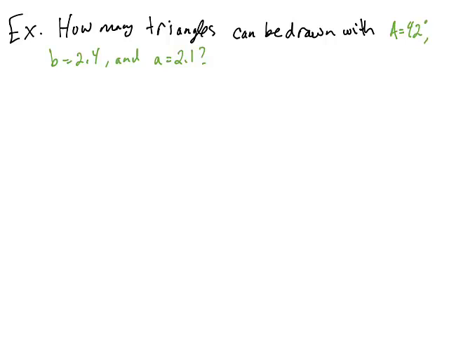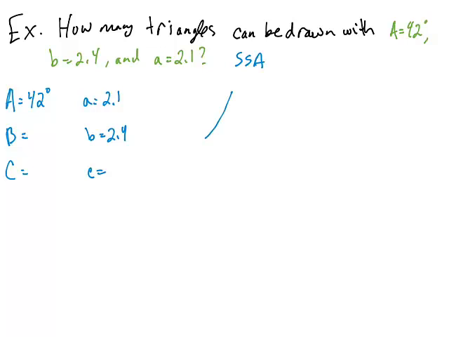Okay, one more that's similar to that last one. How many triangles can be drawn with A equal to 42 degrees, b equal to 2.4, and a equal to 2.1? All right, again, this is going to be side-side-angle. This is going to be 42 degrees for angle A. B is up here.